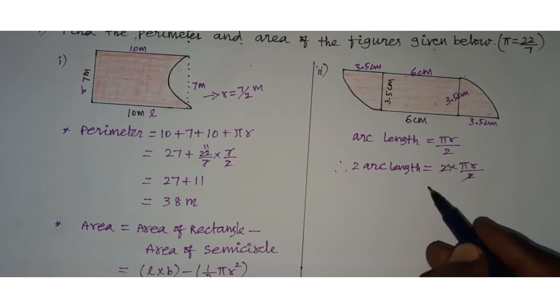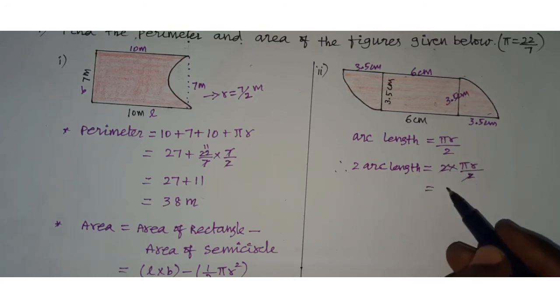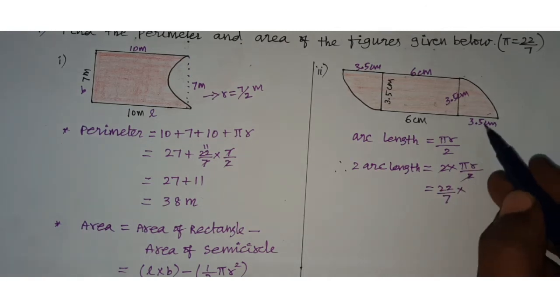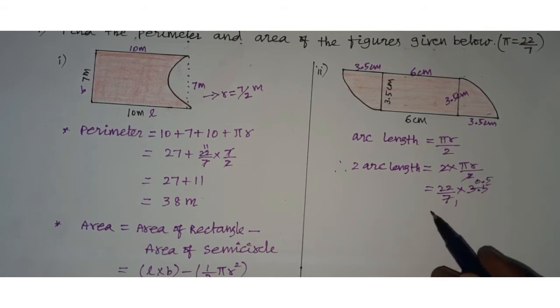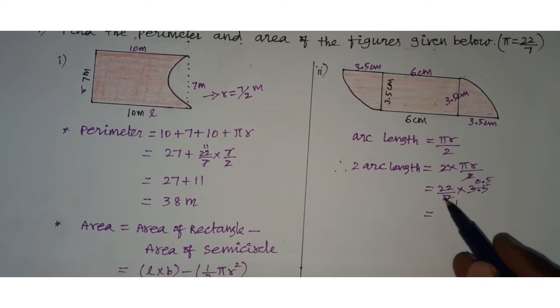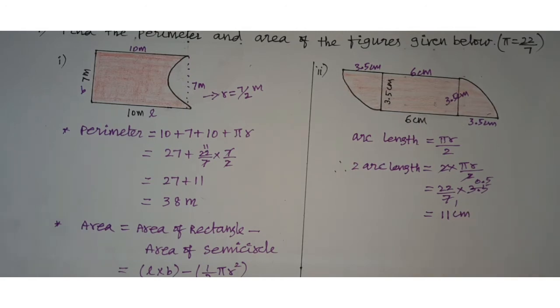So 2 cancel. So we get pi r only. Pi value 22 by 7 into here radius 3.5. Okay. 7 ones are 7, 0.5 are, 22 into 0.5, 11. So here 11 centimeter is the total arc length.